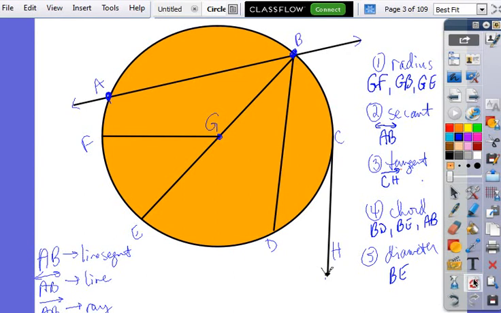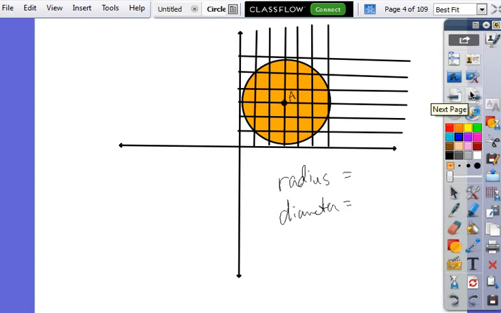All right, very quickly, don't even need to copy this down. What's my radius on this? 3. If radius is 3, I automatically know diameter is 6. It's got to be twice as much. The rule for radius and diameter: radius is half as much as the diameter, or diameter is twice as much as the radius.